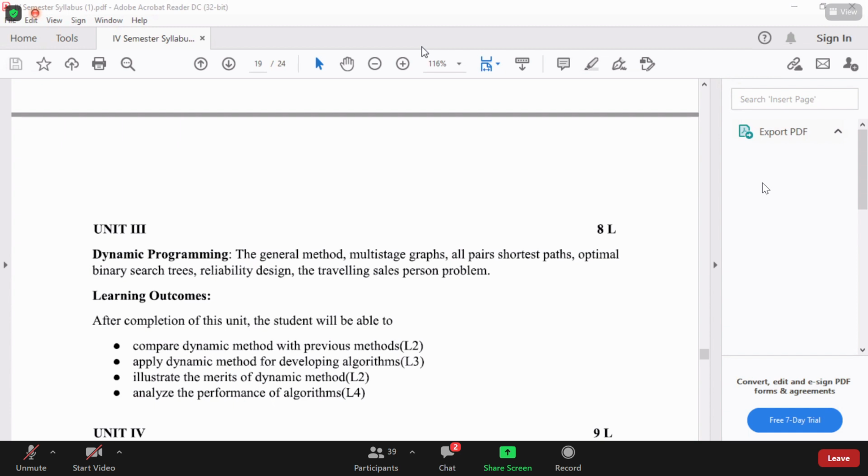Do you have any doubts regarding today's session? Yes, ma'am. Do you have any doubt, or is it clear? I didn't get you. Clear or doubt? Bhargav.